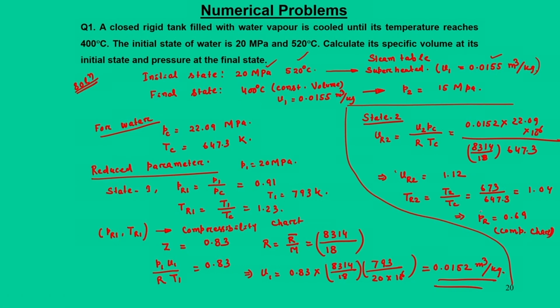Since we know PR2, P2 can be calculated, and its value is 15.24 megapascal. So, state 2 was 15.24 megapascal, but the steam table data was 15 megapascal. Of course, there is some relative accuracy difference between these two models.